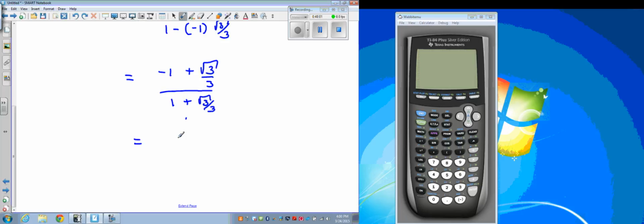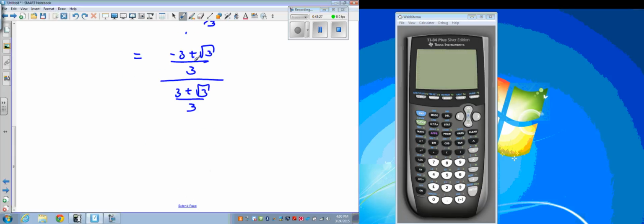So this is going to be minus 3 plus the square root of 3 over 3, just the top part. Now the denominator is going to be 3 plus square root of 3 over 3. So it inverts and multiplies, and we have a negative 3 plus the square root of 3 over 3 plus the square root of 3.